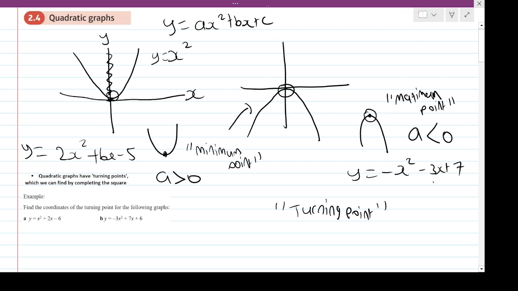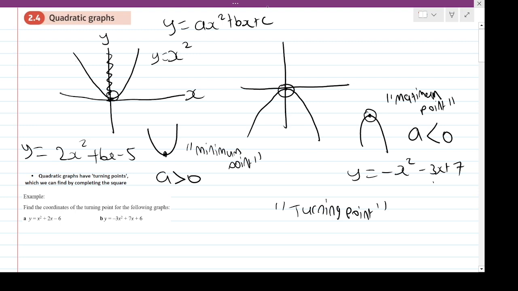So it's reaching a highest point, and this highest point is the maximum point. Hopefully you can see here with this graph that I circled. It's going up and up until it reaches its top point, and then it goes back down. That is what we call the maximum point.